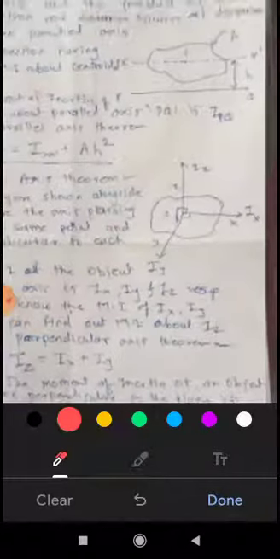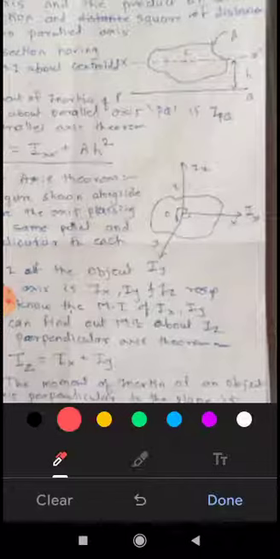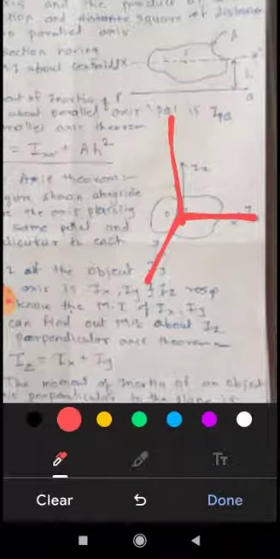Okay, and if we know the moment of inertia of the body about the x axis and about the y axis, and we have to calculate the moment of inertia about the z axis, which is perpendicular to both x and y, then we can use the principle of the perpendicular axis theorem.